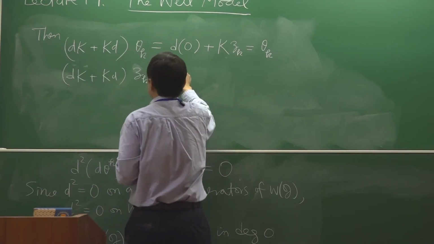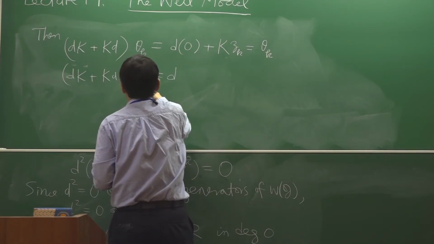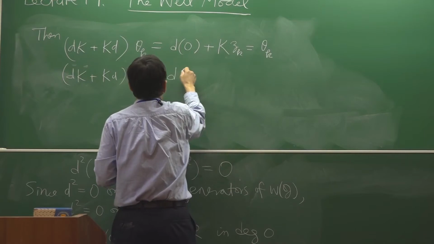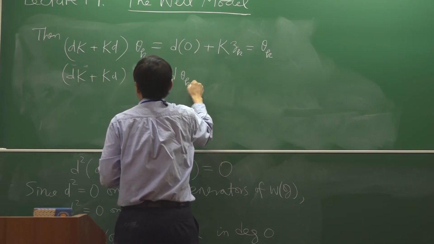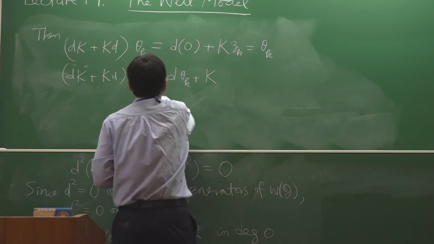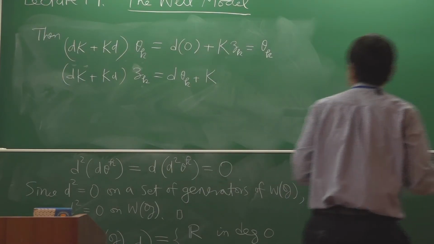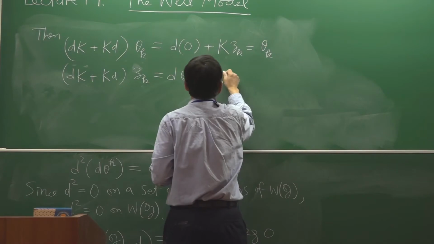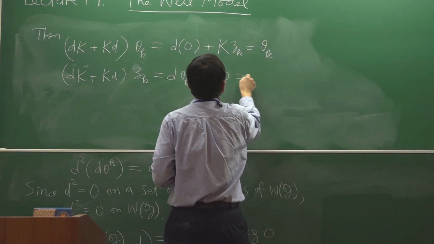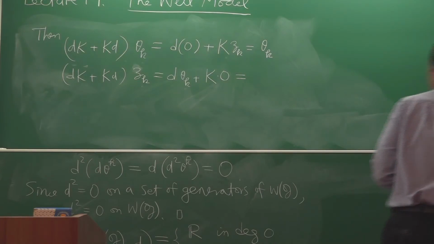And dk plus kd of zk is dk of zk is theta k plus k of d of zk is 0, and d theta k is zk.